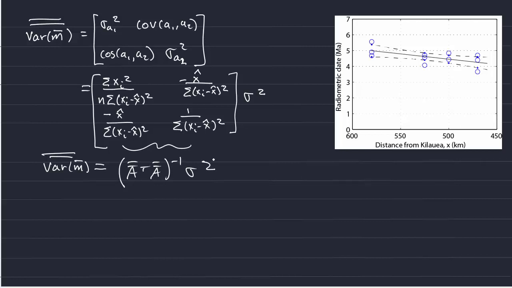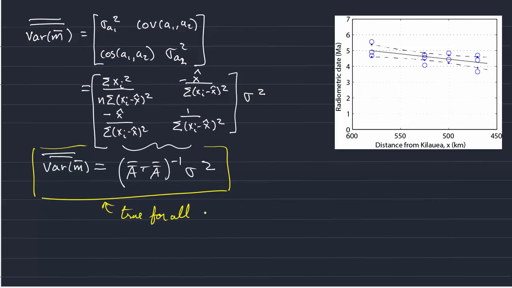Okay, and the other reason I wrote this out in matrix form is the variance of M written this way is true for all general least squares regressions.